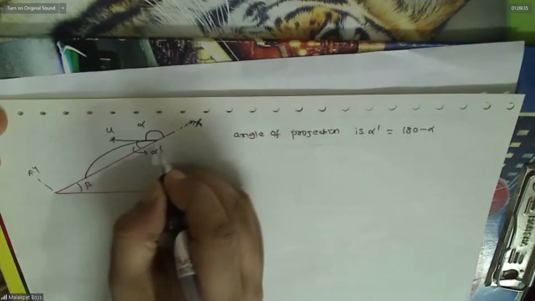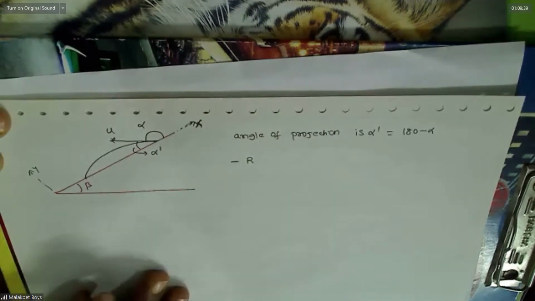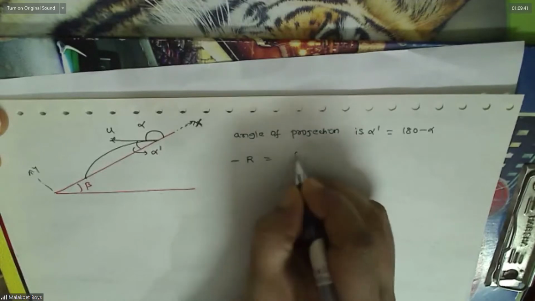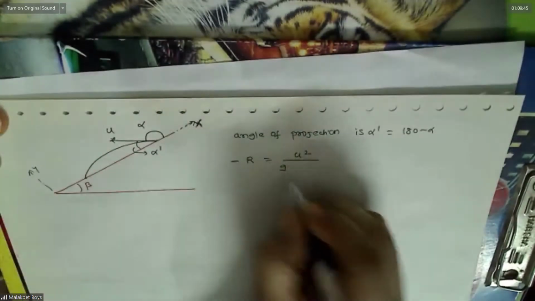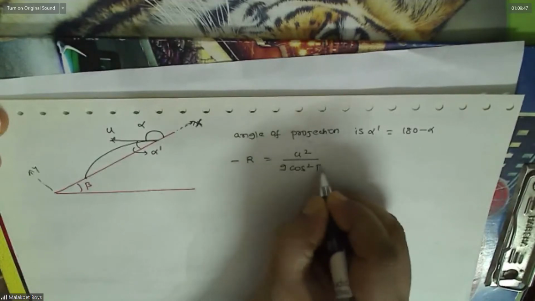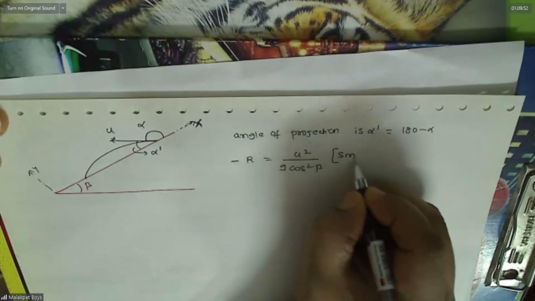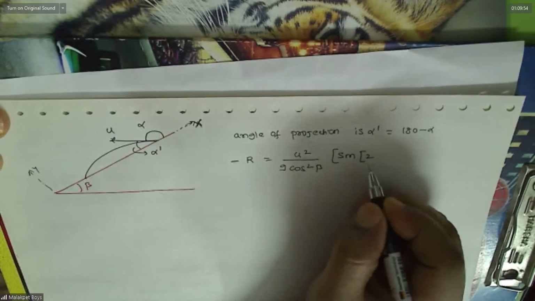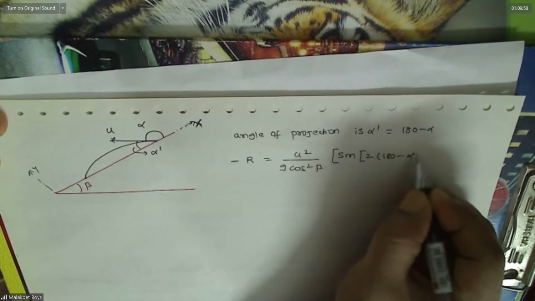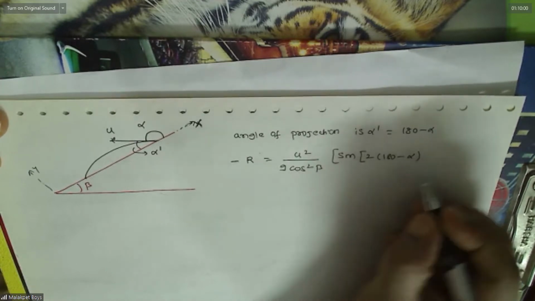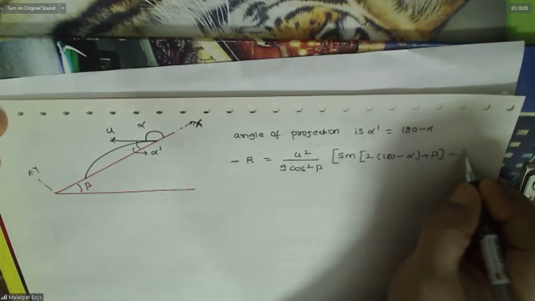Now this is positive x-axis. Now range is downwards. What I should take? Minus R, no? Same derivation I'm using. Without wasting my time again, I'm just using the derivation already you got. What is that you got? Sine. Remember this? In place of alpha, you substitute this angle, that's all. Already you got, remember?